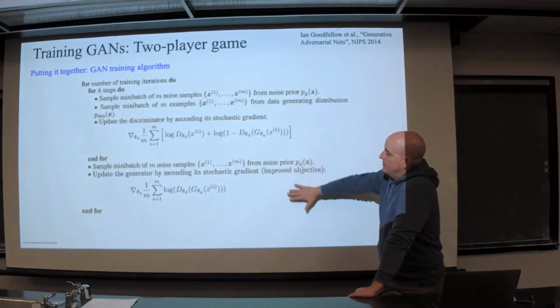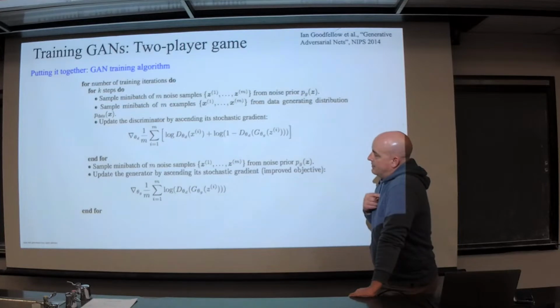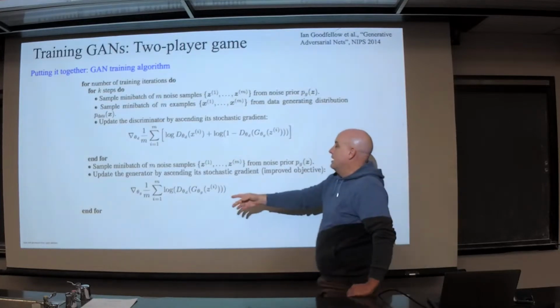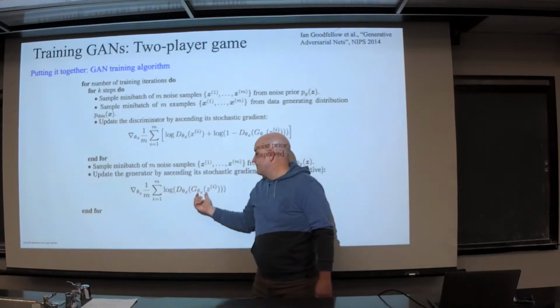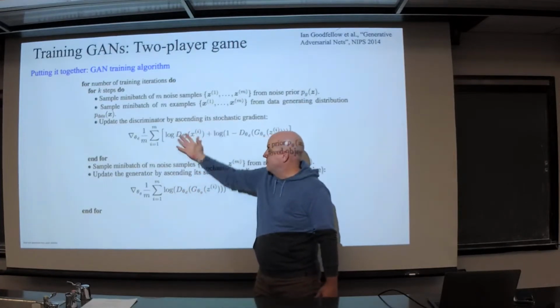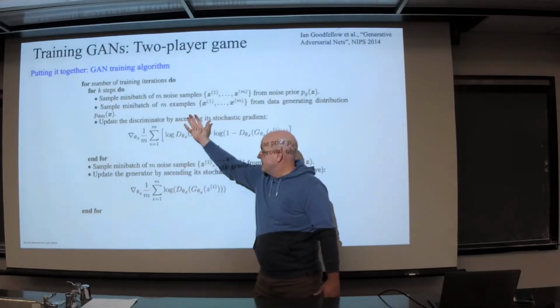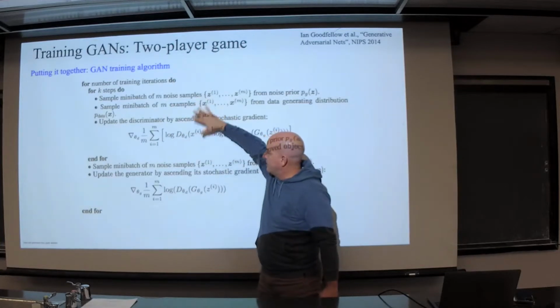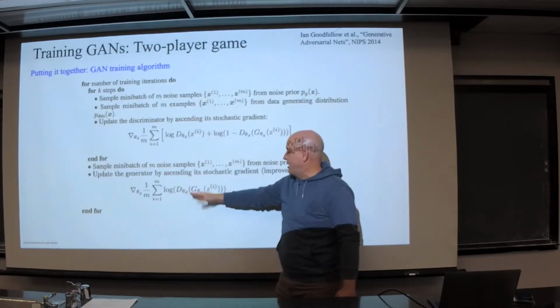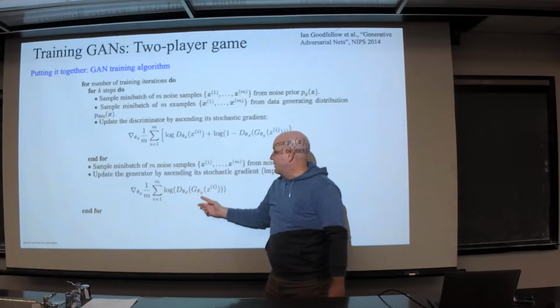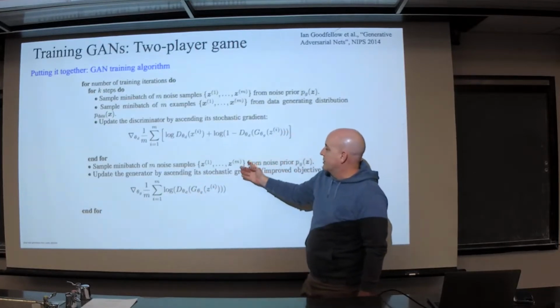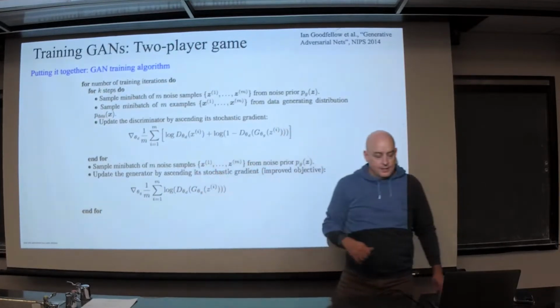And then when we go to update the generator, we use the discriminator with its current parameter values. Then we update the parameters of the generator, again for some sampled noise, like this is your mini batch here.